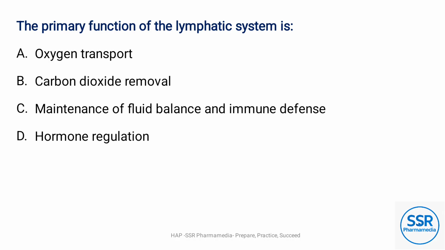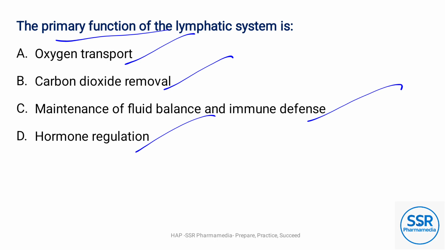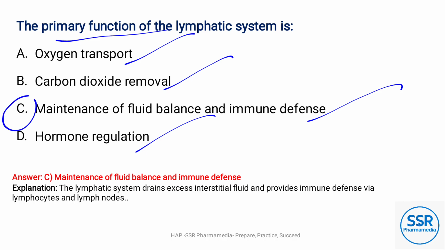So, we'll move into the questions. The first question: the primary functions of the lymphatic system are option A, oxygen transport, option B, carbon dioxide removal, option C, maintenance of fluid balance and immune defense, option D, hormone regulation. So the answer is option C, maintenance of fluid balance and immune defense.